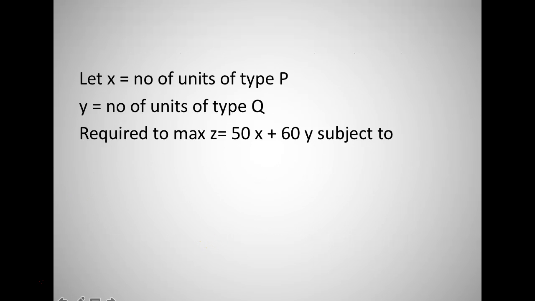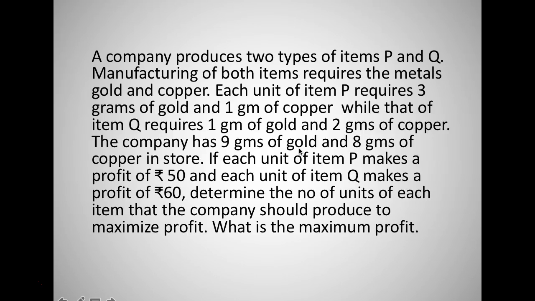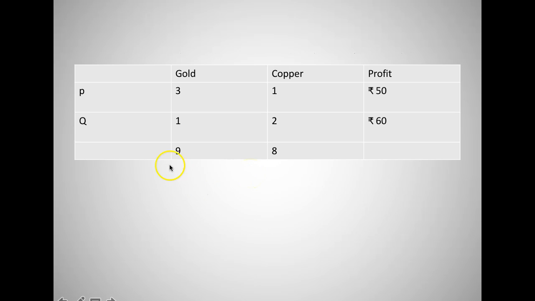So we start with: let X be the number of units of type P, Y be the number of units of type Q. We need to maximize Z equal to 50X plus 60Y subject to, because if you look at the question, the profit on item P is 50, item Q is 60. And putting the question in the form of a table, we have items P and Q, gold and copper.